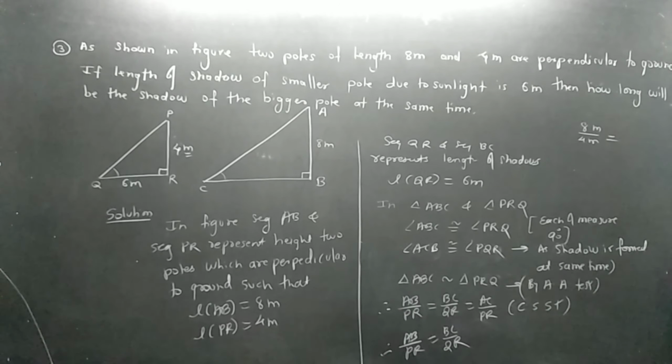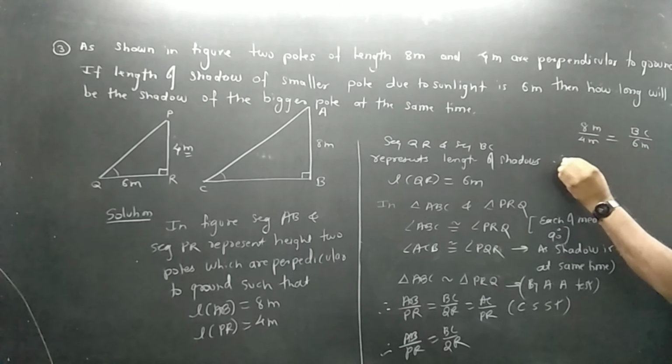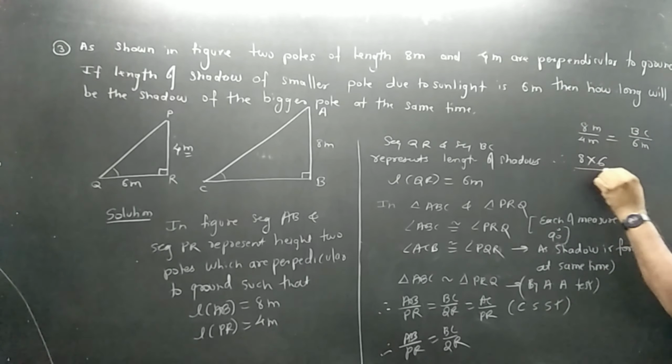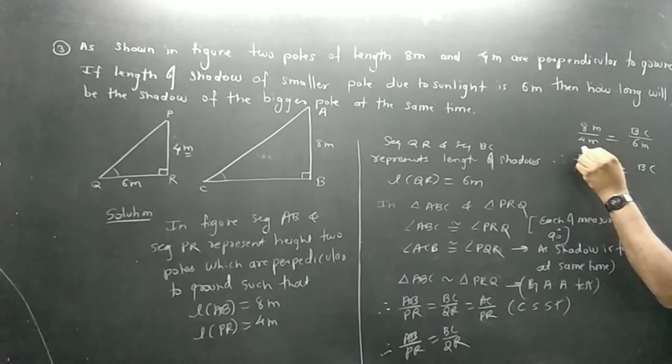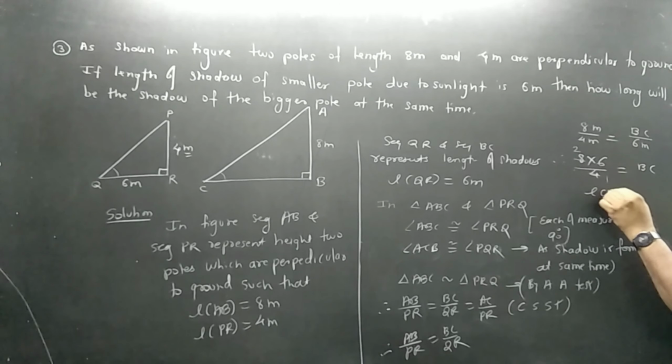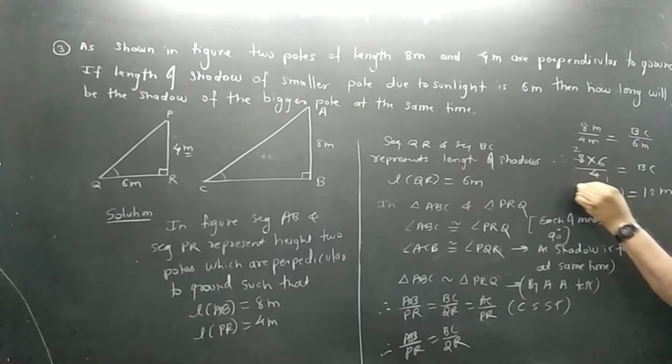BC we don't know, but QR is 6 meters. So what can I do? Therefore, 8 into 6 upon 4 is equal to BC. So 4 twos are 8, length BC is equal to 12 meters.